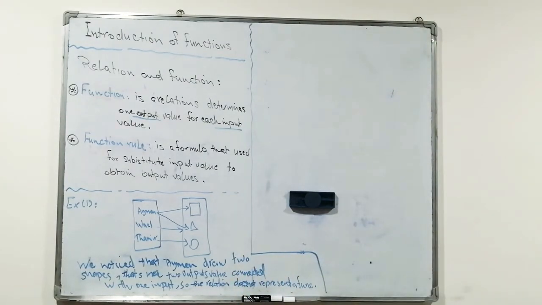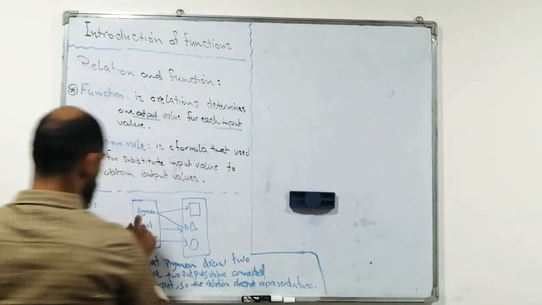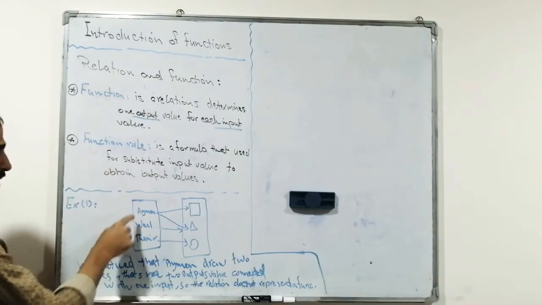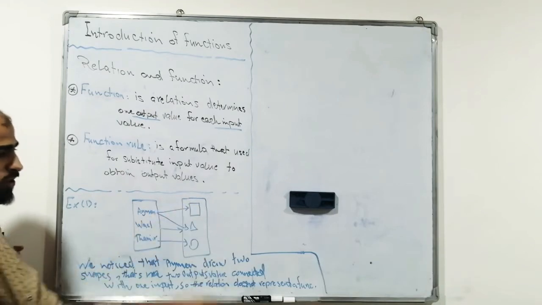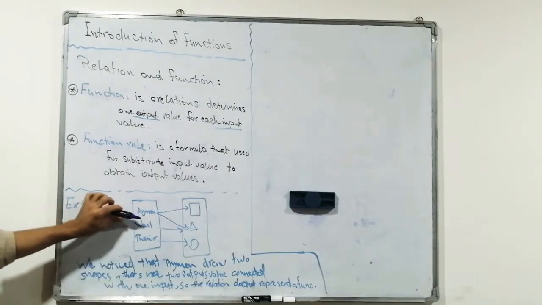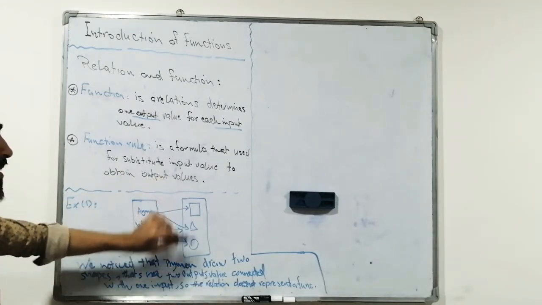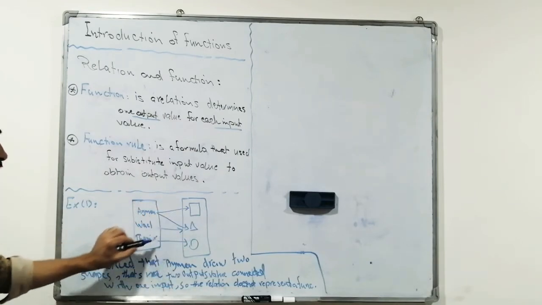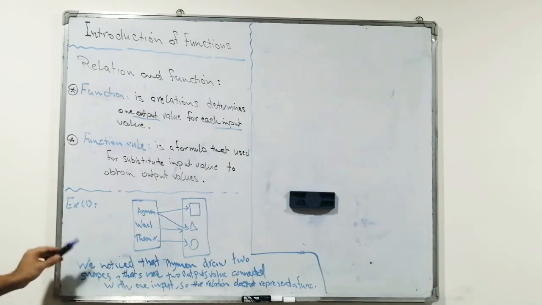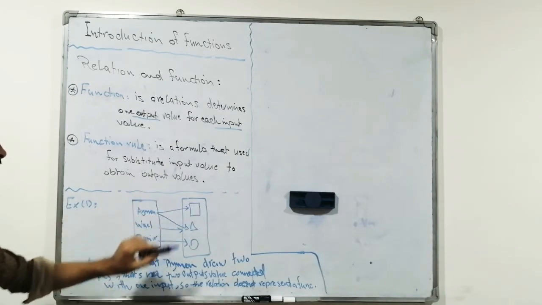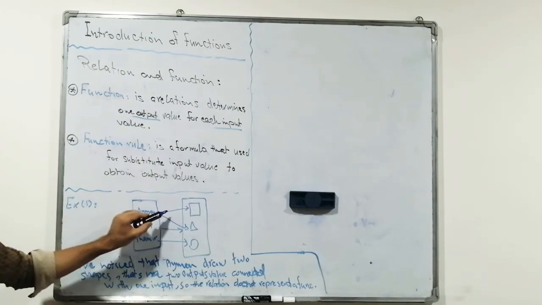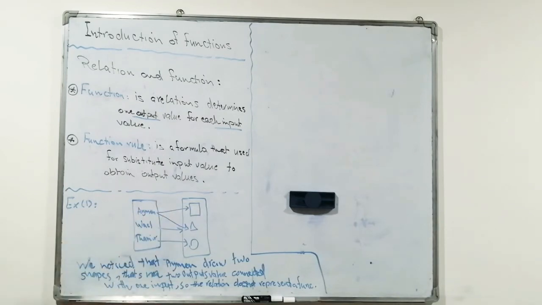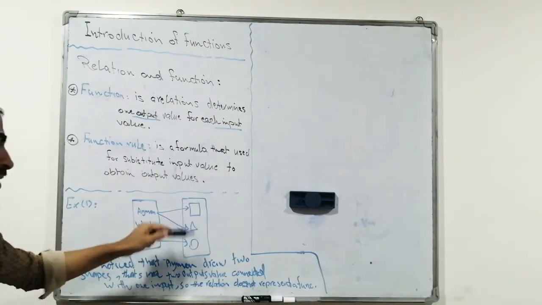So, in this example, Example 1, we have 3 students, Ayman, Wael, and Thamar. They draw geometric shapes. We know that Ayman draws a square and triangle, Wael draws a triangle, and Thamar a circle. We notice that Ayman drew two geometric shapes, the square and triangle.